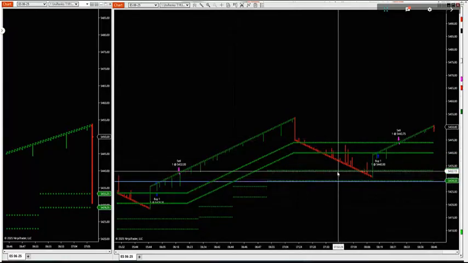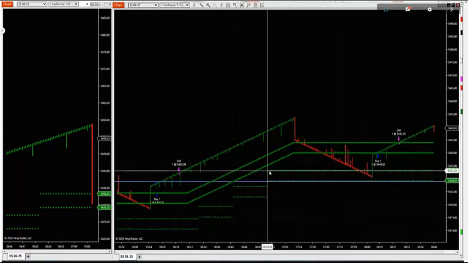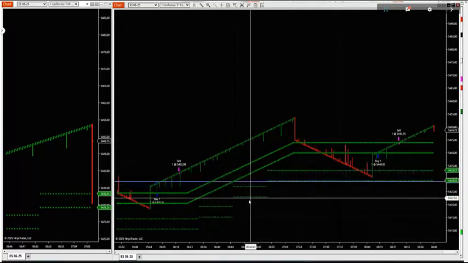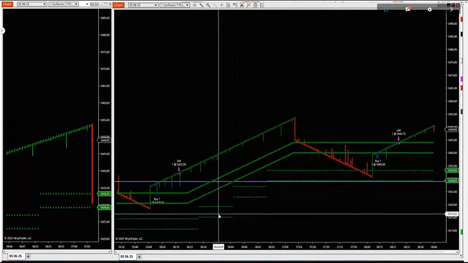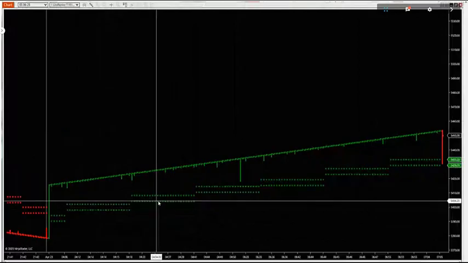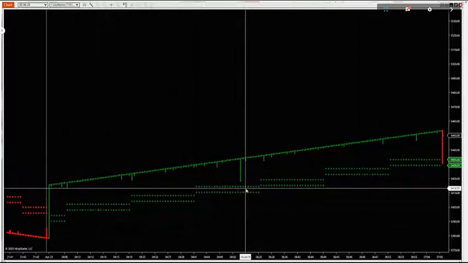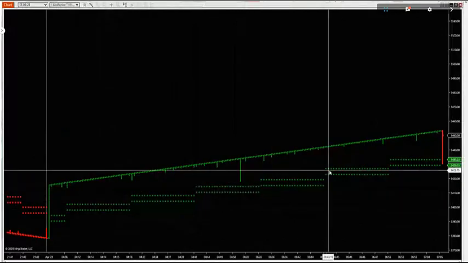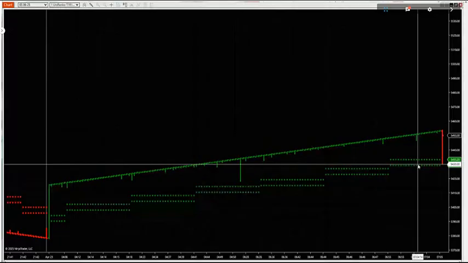I added this extra as an indicator, so you can see if it's green or red, and you can see where the line in the sand is. As long as I stay above the line in the sand here, which it has been, you're good to leave the algorithm run on green, right?